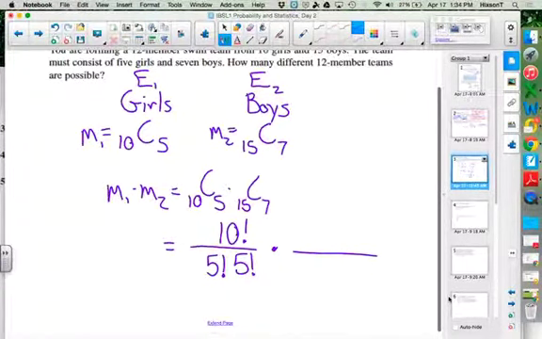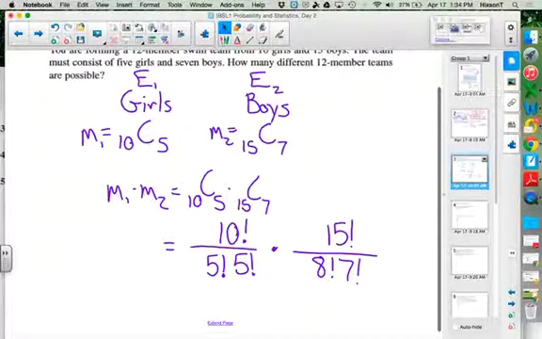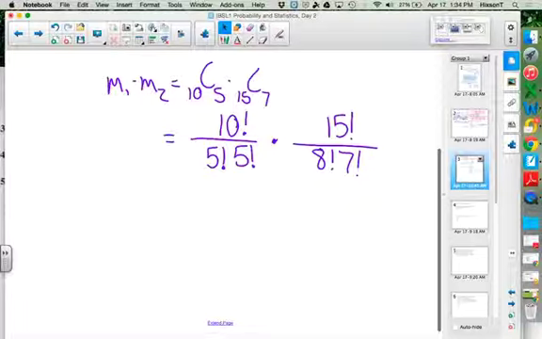Then what goes over here? 15 factorial over 8 factorial times 7 factorial. 252 is the first one, the one from the problem. So practice simplifying your factorials.